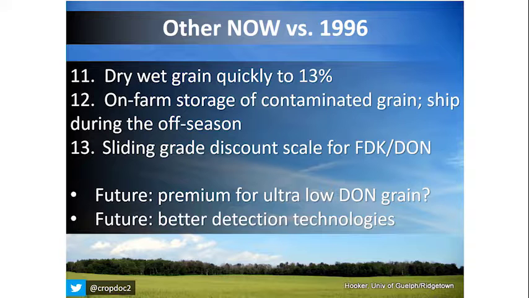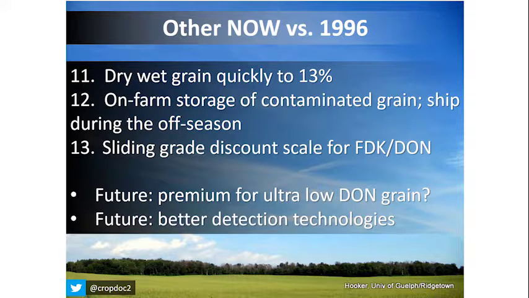In Ontario, we have a sliding grade discount for Fusarium damaged kernels and DON. So the future here is maybe there might be a premium for ultra low DON grain, the toxin in grain. So if you can deliver ultra low DON toxin grain, maybe there's a premium for that. Because right now, we're not given a premium.